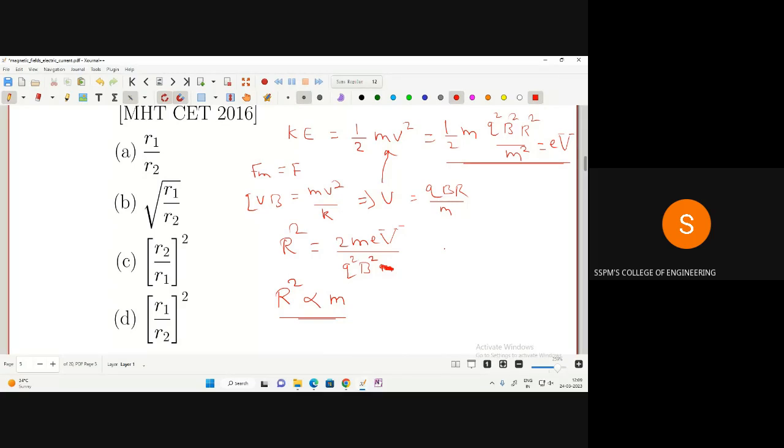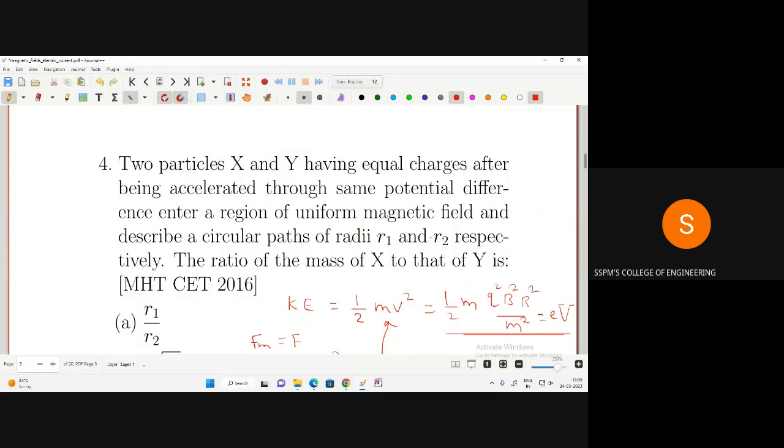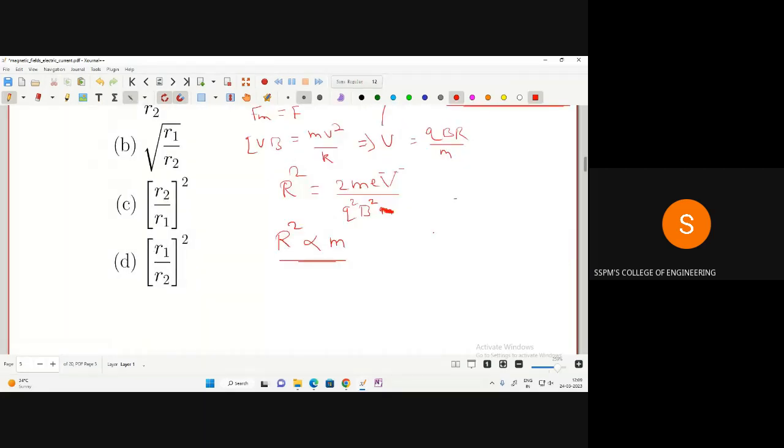Now, as there are two charged particles, x and y, let's consider the particle x has a mass of m1 and particle y has a mass of m2. Since the masses of particles x and y are different, the radius of the rotational path would also be different. So let R1 be the radius of the circular path for the particle x, and R1 squared is proportional to m1, and R2 squared is proportional to m2.